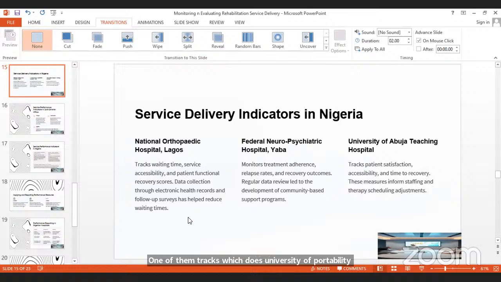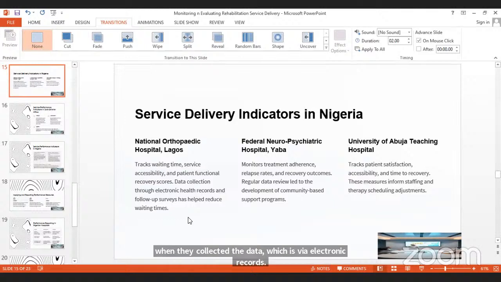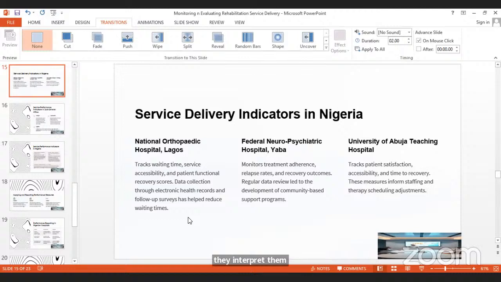They track waiting time, accessibility to service, as well as the functional recovery of their clients. They collected the data via electronic health records, interpreted them, and also added more data through a follow-up survey.